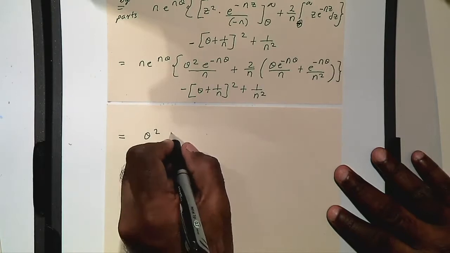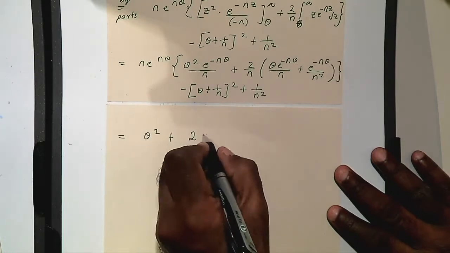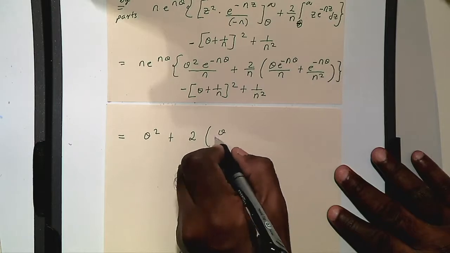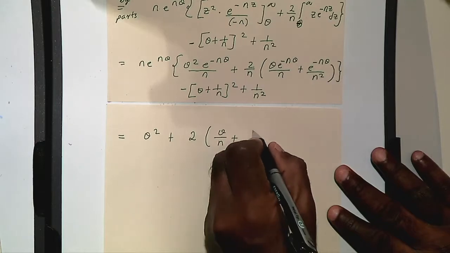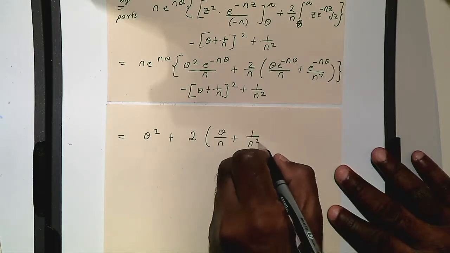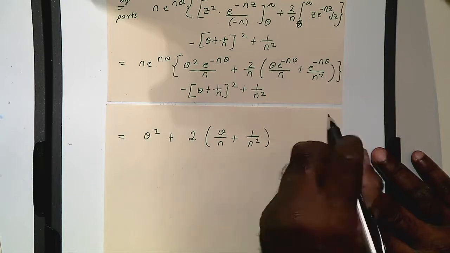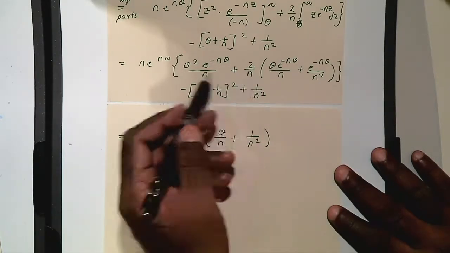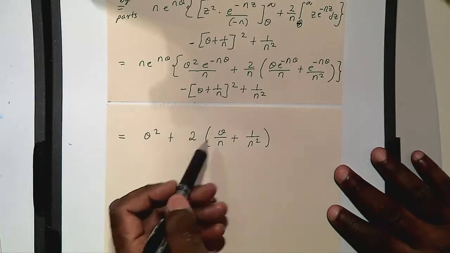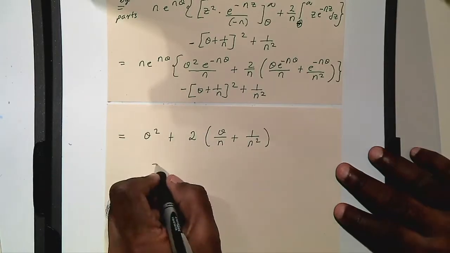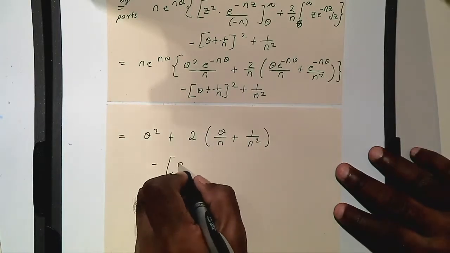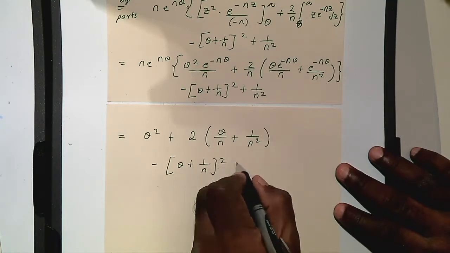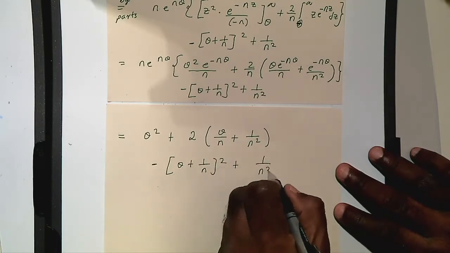There will be a 2 times theta divided by n plus 1 over n squared. Correct me if I'm wrong. It's quite possible I may be making some mistakes here. These two cancel, so it's 2 times then minus theta plus 1 over n squared plus 1 over n squared, right?